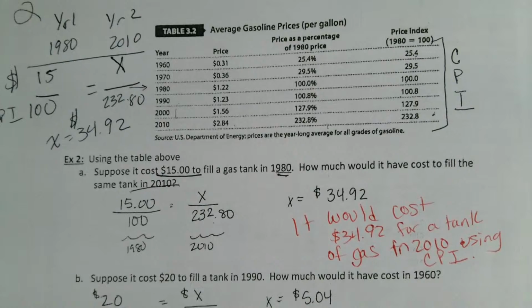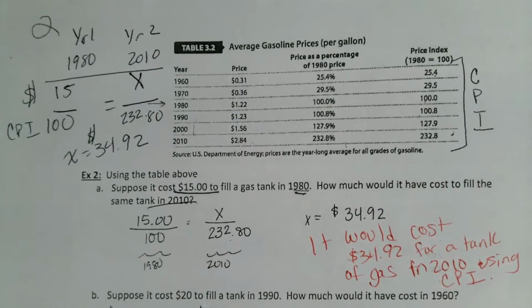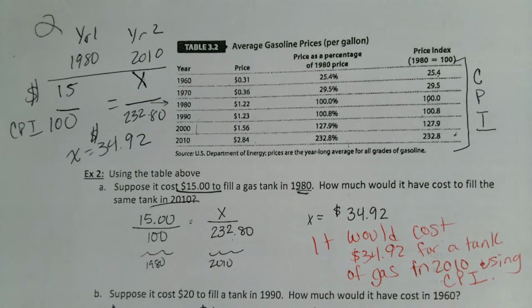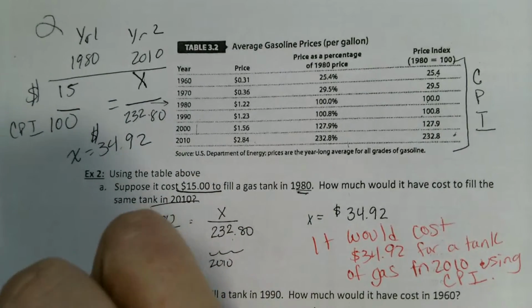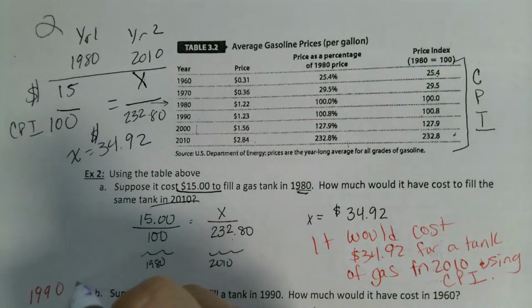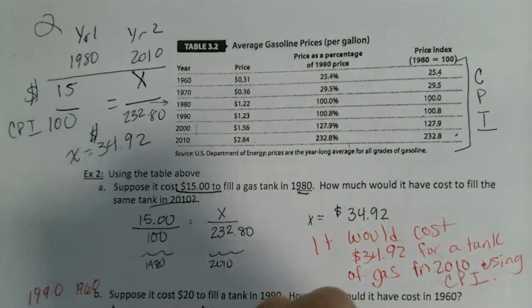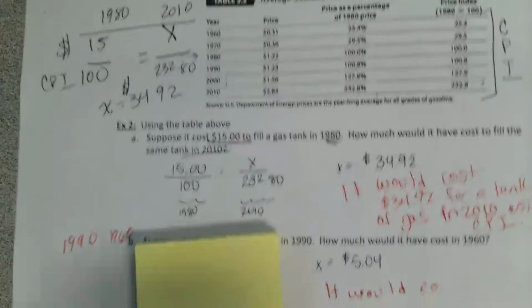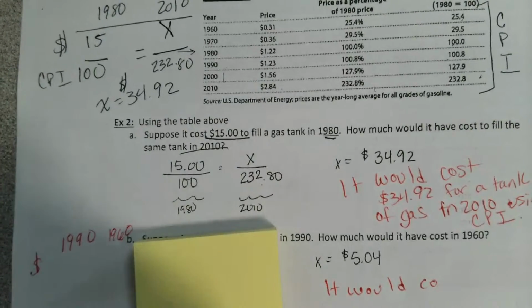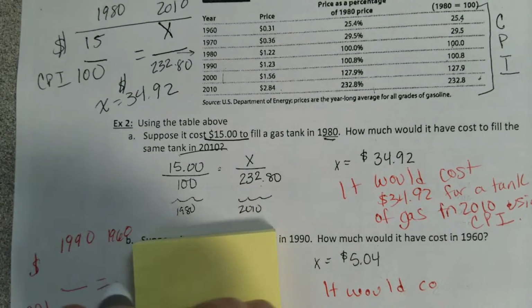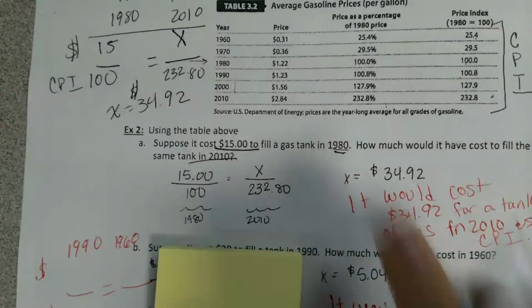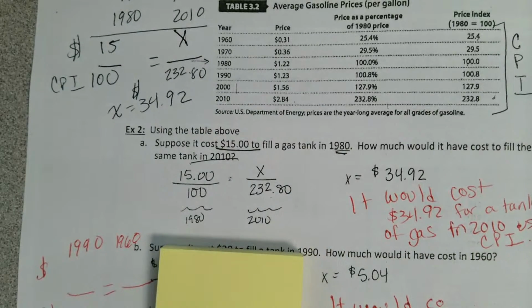All right. So looking at the second question, suppose it cost $20 to fill up a tank in 1990. How much would it cost in 1960? Well, what do we have? We have 1990 compared to 1960. We are going to have our cost and our CPI. Can you create your proportion? Take a sec using this table to write that down.